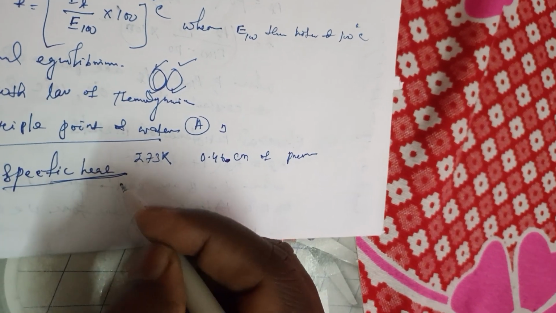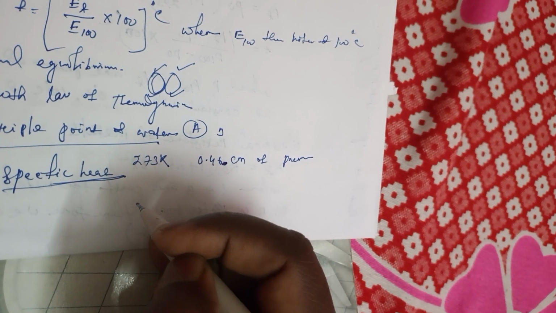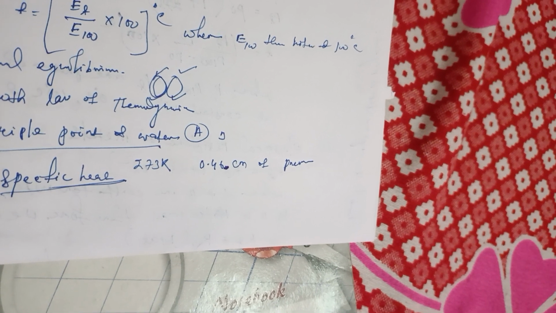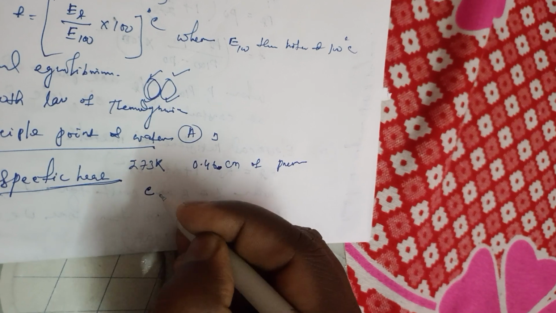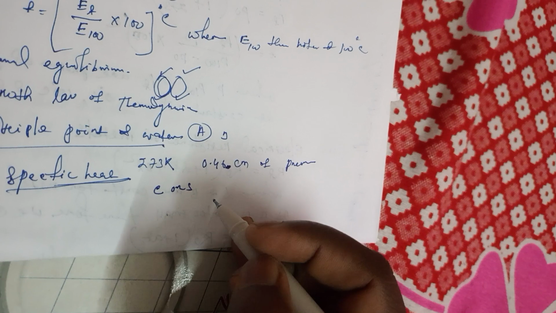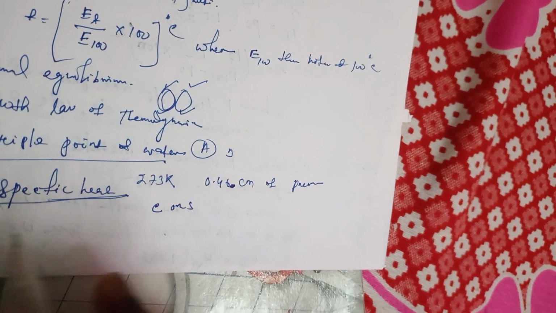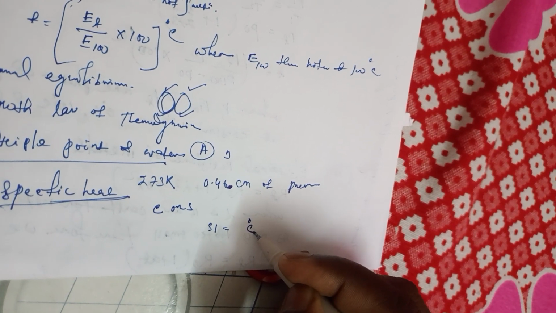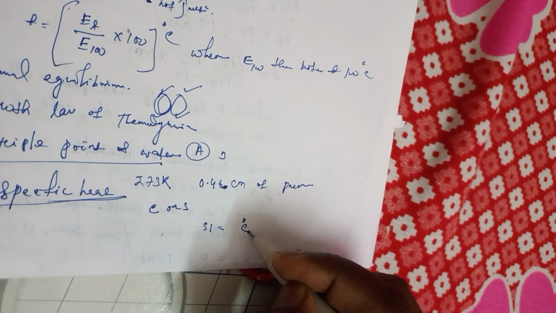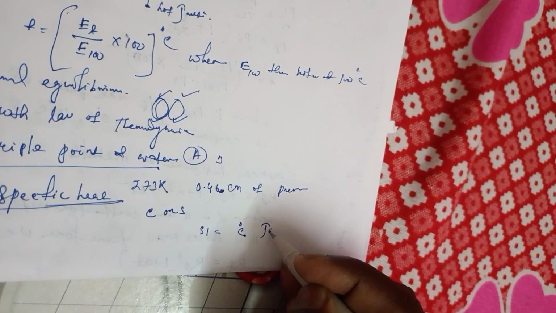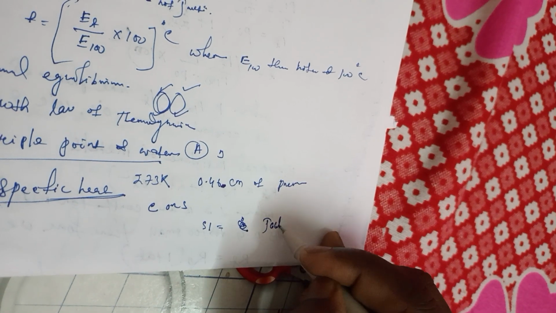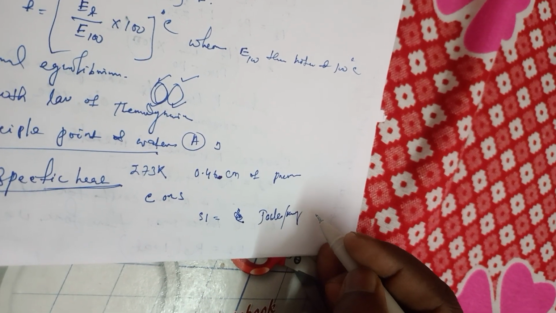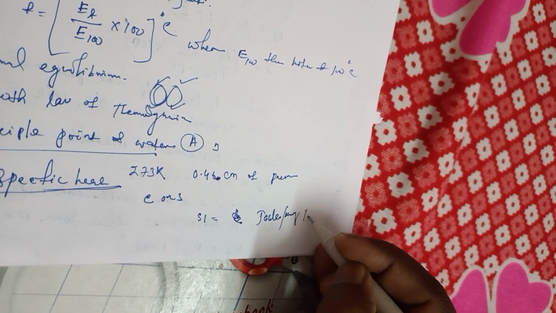It may be denoted as C or S. Its SI unit is joule per kilogram per degree centigrade.